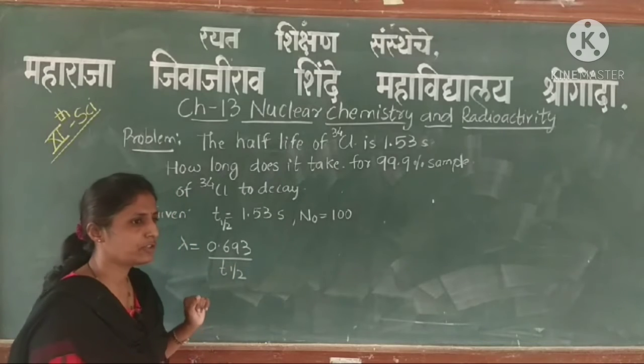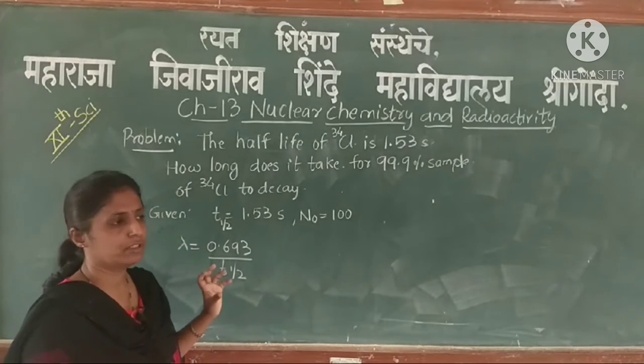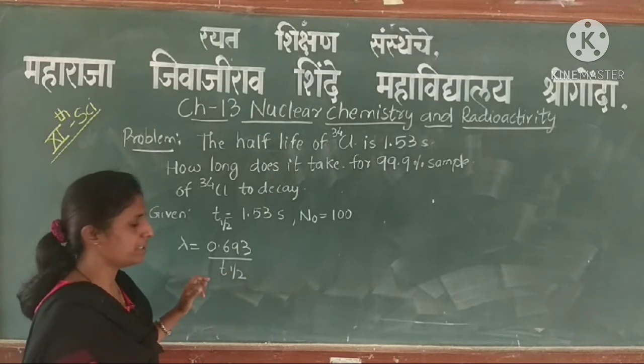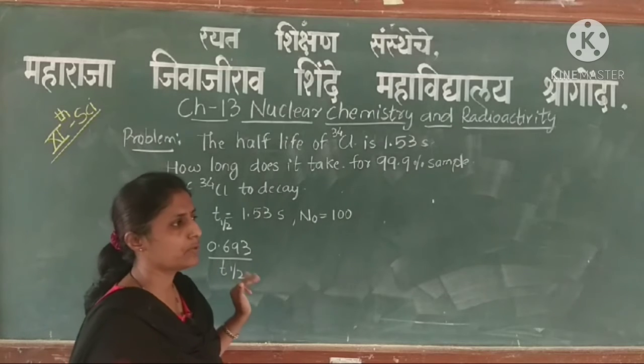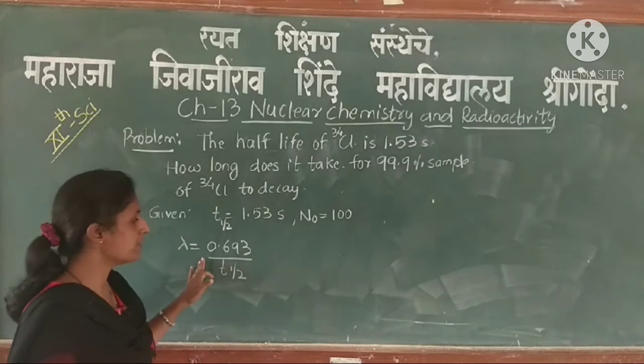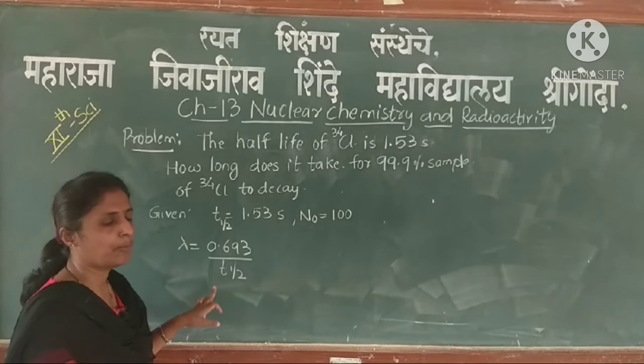Now in the previous lecture we have derived the formula for the half life activity problem. So what was that? How can the decay constant lambda be calculated using half life? Lambda is equal to 0.693 upon t half.